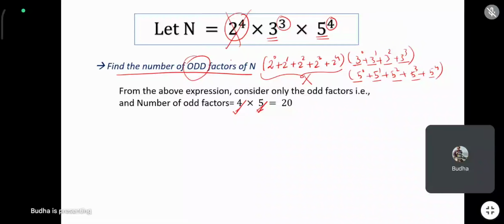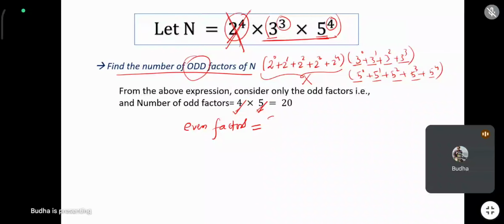So can anyone tell me, if I ask you for even factors, how will you find them? Then add 1 to even factors, meaning whatever factors are there. See, I understood the method to find odd factors, right? For odd factors, what did I do? I have simply removed this one, and only the odd prime numbers I have considered.